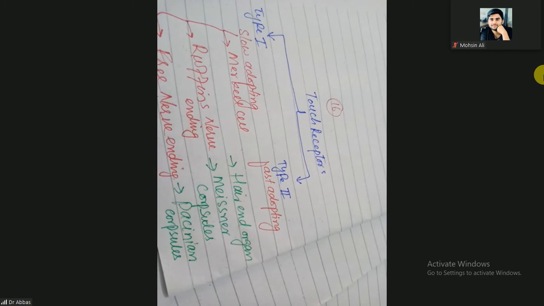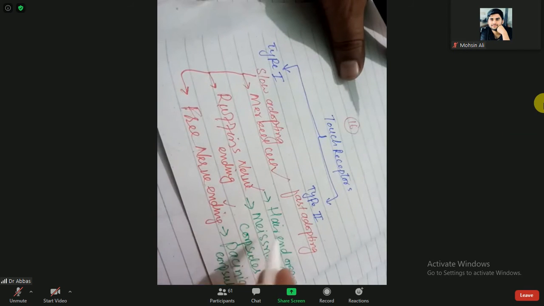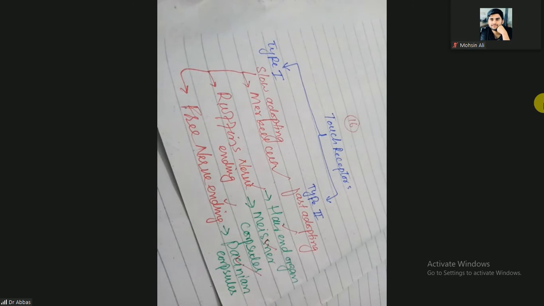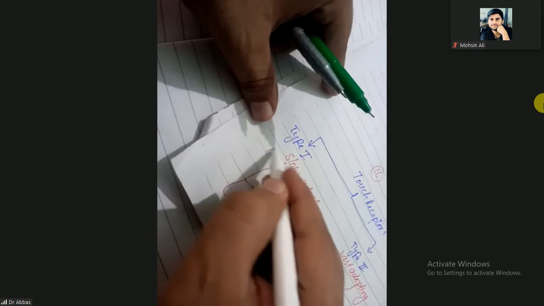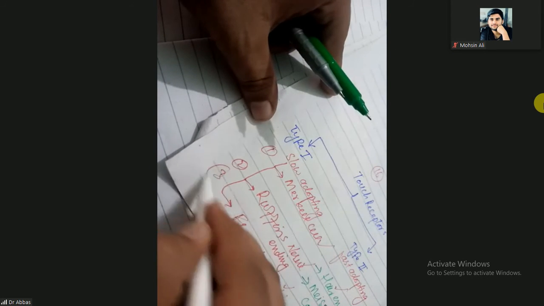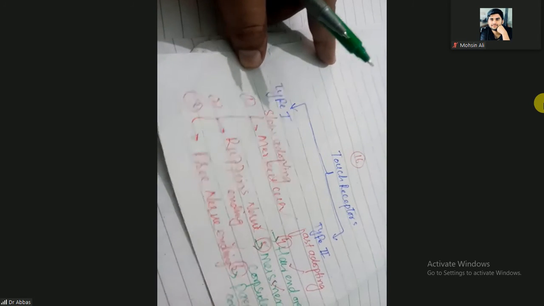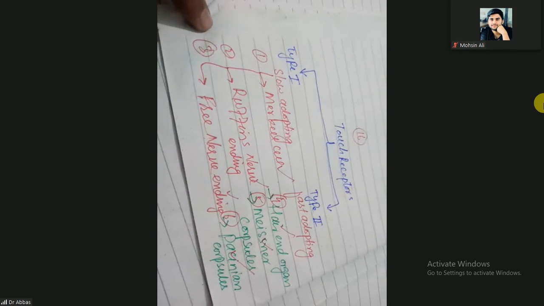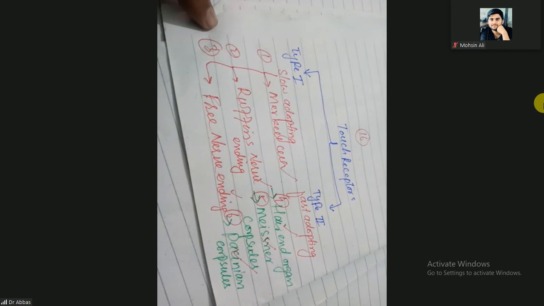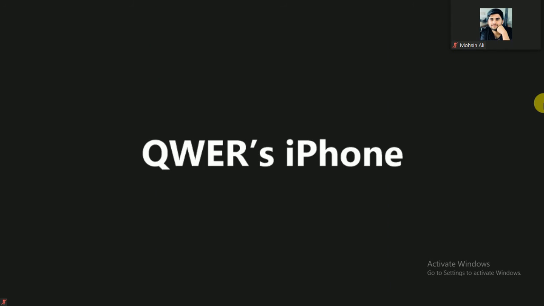Out of all these six, which one is the most important touch receptor?